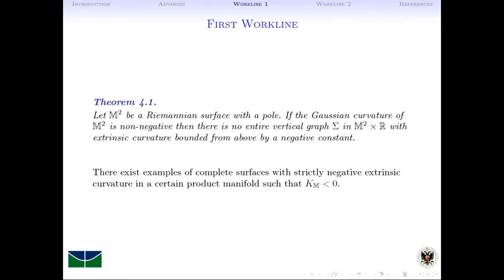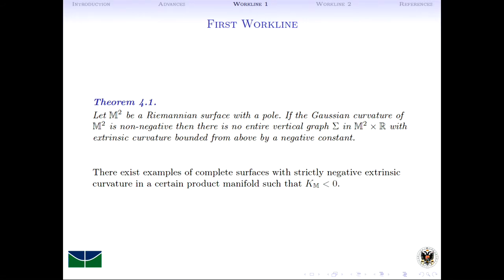In fact, it's possible to construct some examples of rotation surfaces. They are not graphs, but they are surfaces. Rotation surfaces in some special product spaces with negative curvature in the base.